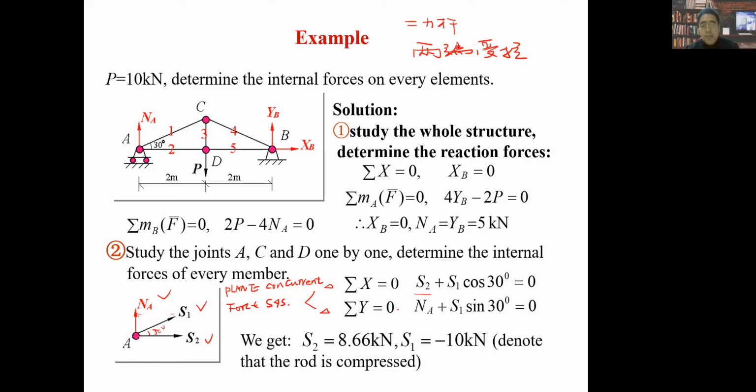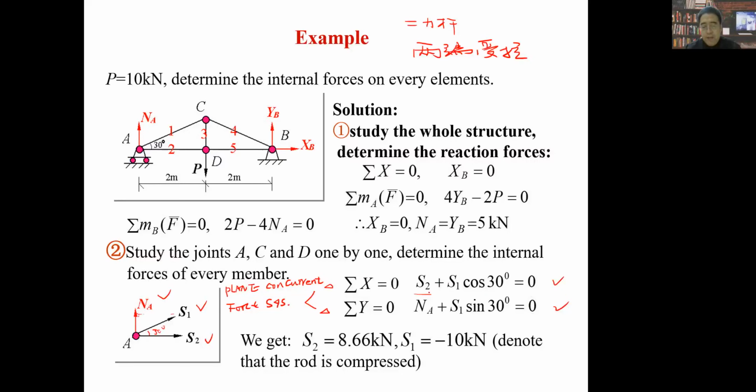See? Can you guys understand these two simple equations? It's very easy to understand, right? Yes. There you go. We know NA is 5 kilonewtons. We can find the cosine 30, sine 30 using our calculator.